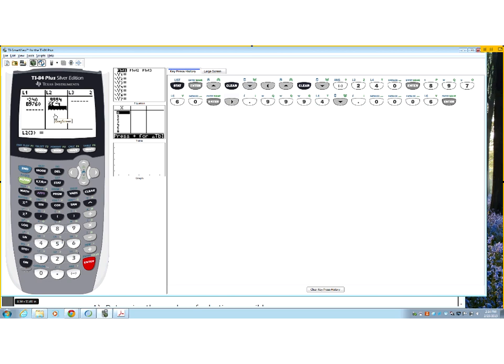Okay, so once your random variable is an L1 and your probability is an L2, now you can do one-var stats. Okay, so random variable, which is our X, that's an L1, and then probability is an L2.